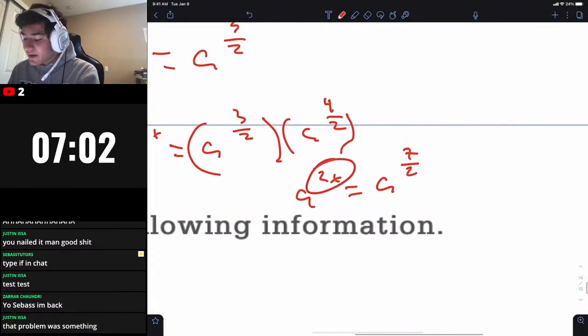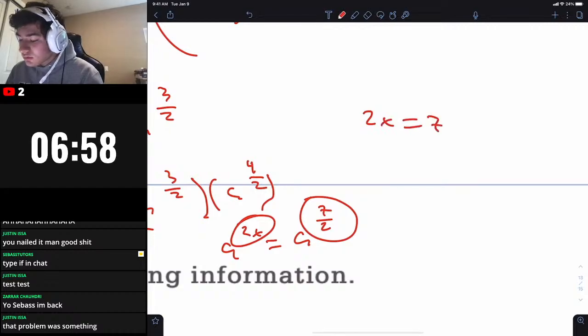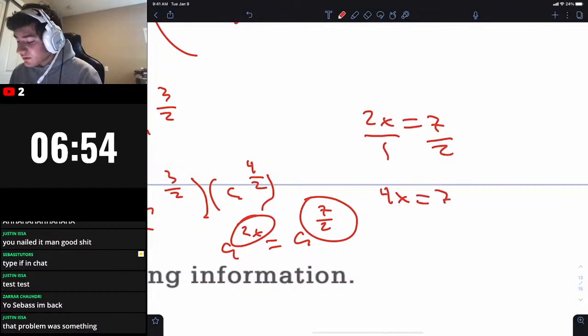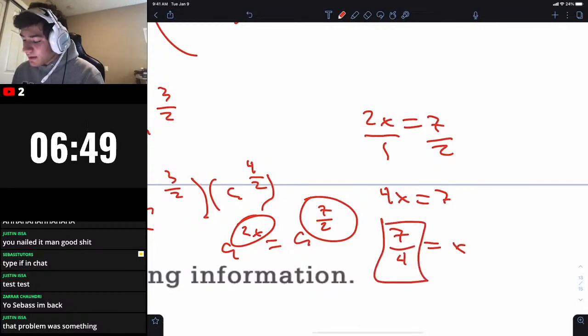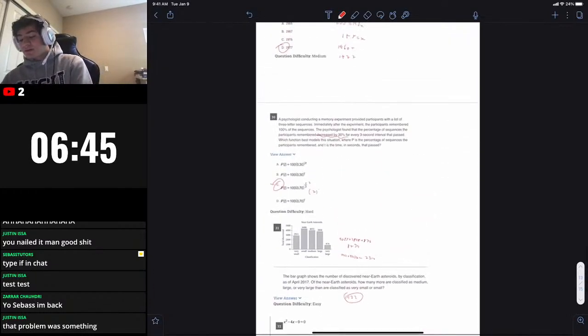Boom. 2x has to equal 7 over 2. Cross multiply. 4x is equal to 7. 7 over 4 equals x. Done, man.